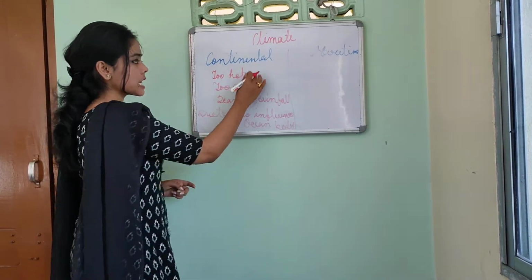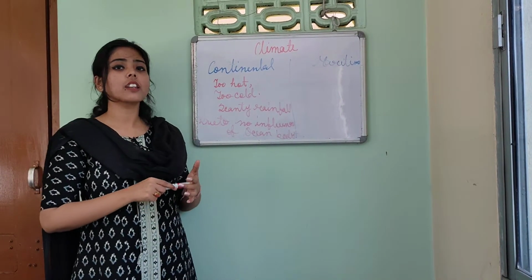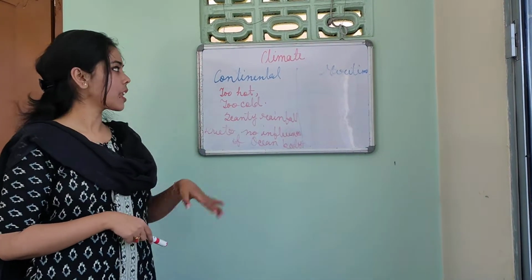That's why it is a continental type of climate. Examples are Delhi, Rajasthan, UP, Bihar and so on.